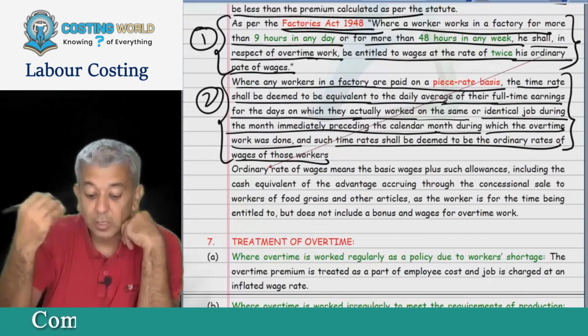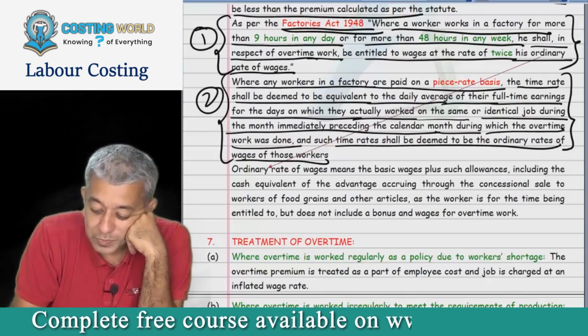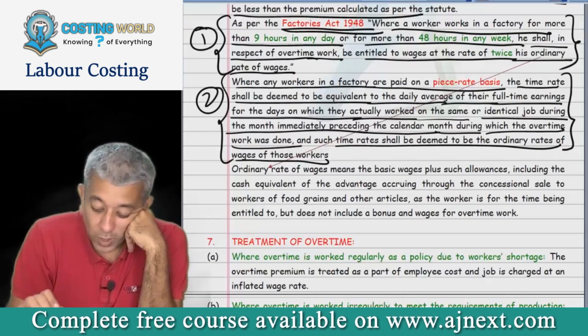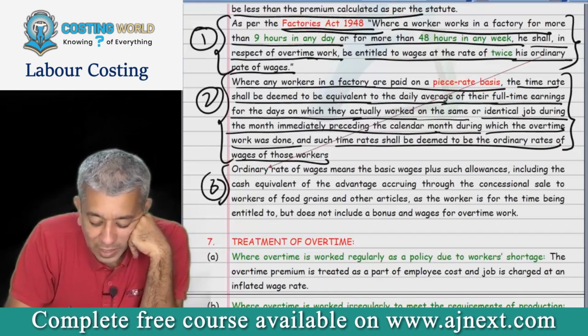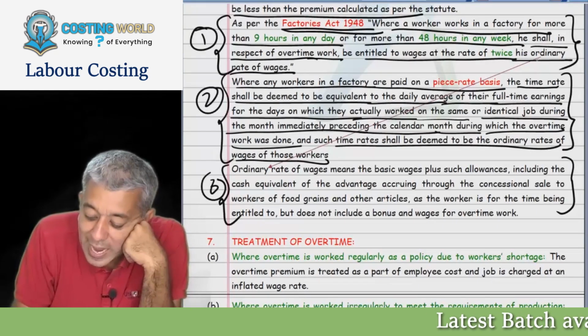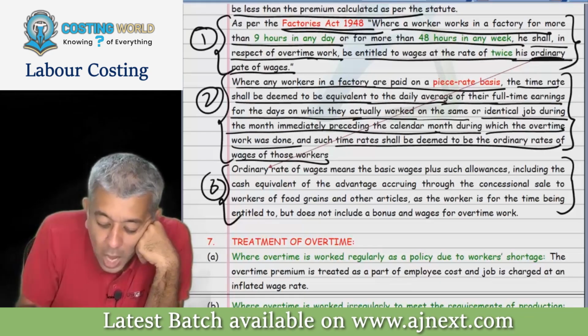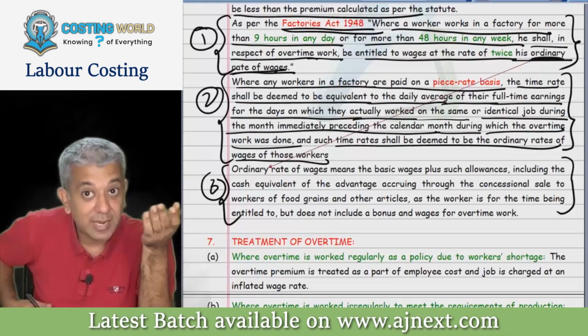Okay, now the third. Now see what this third paragraph tries to tell us. I've made an arrow also over here. How do you compute the ordinary rate of wages? That will be a question also.